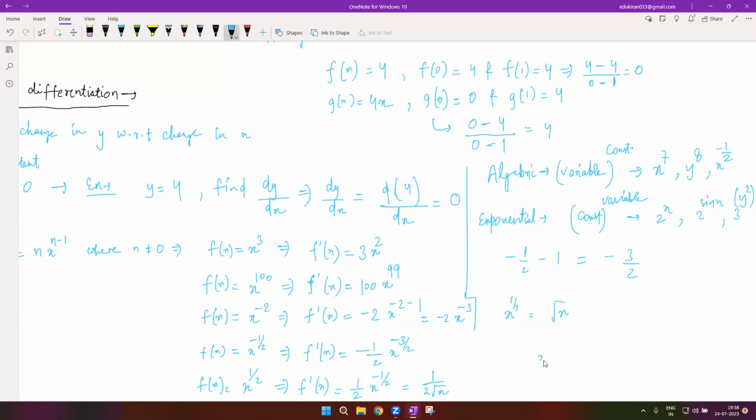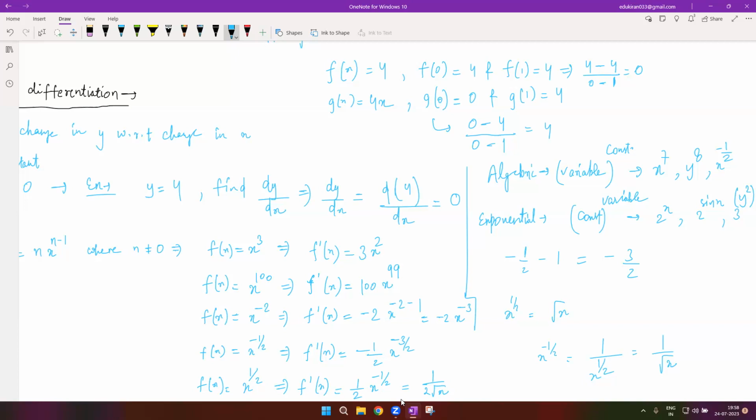How will you write x to the power minus half? You can write it as 1 upon x to the power half, and 1 upon x to the power half means 1 by root x. So everyone please remember this: the differentiation of root x is 1 upon 2 root x.